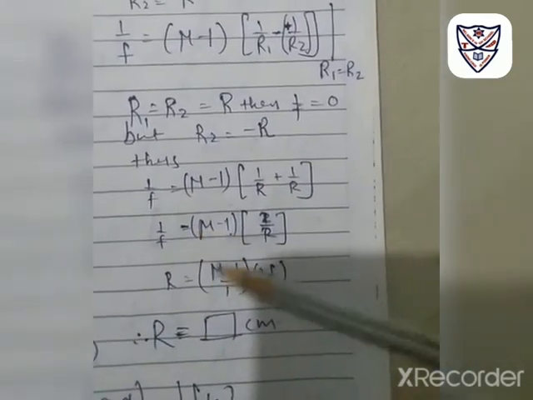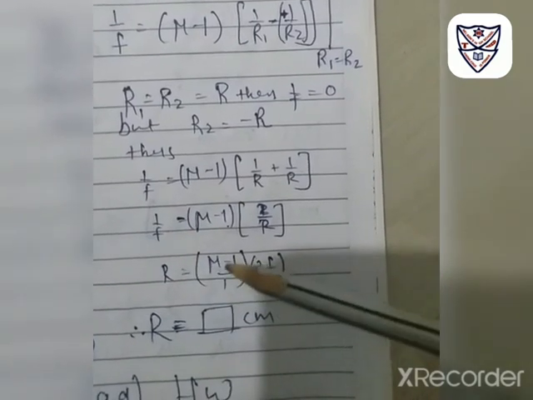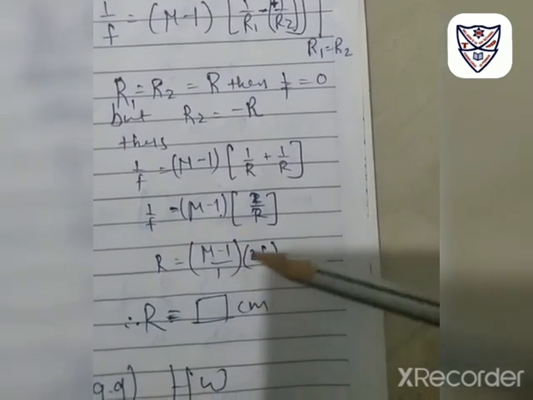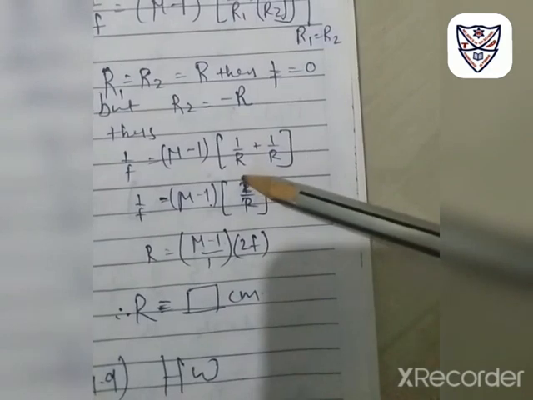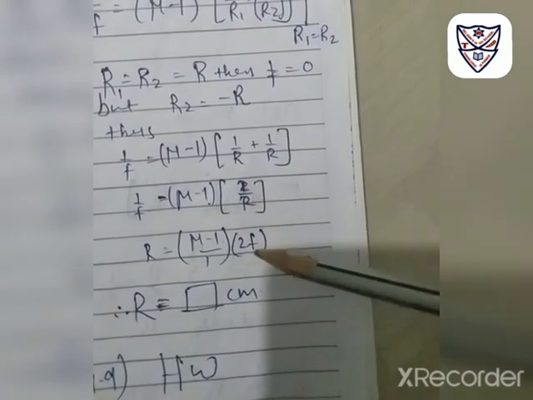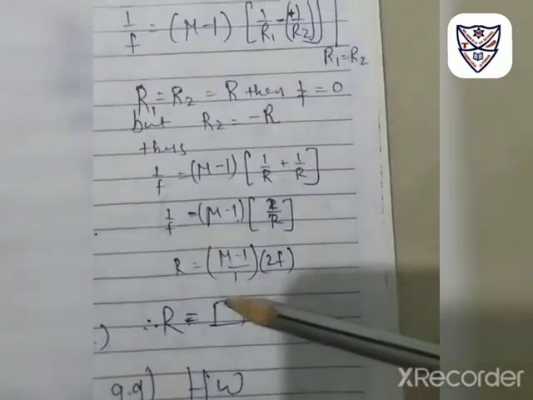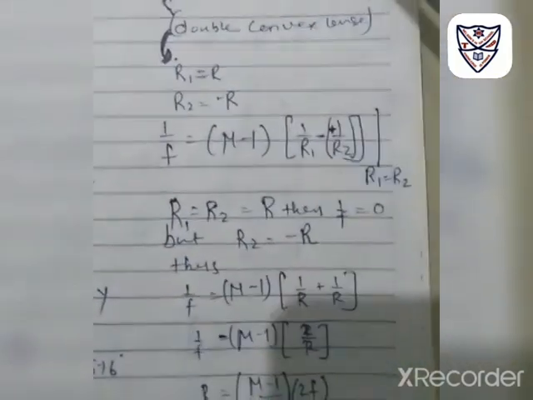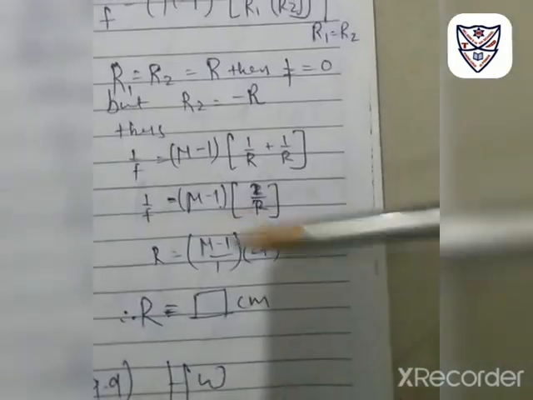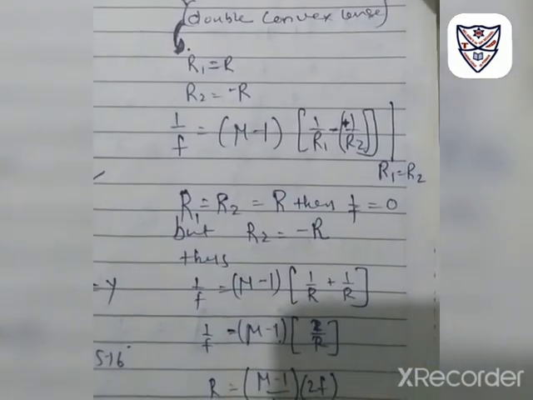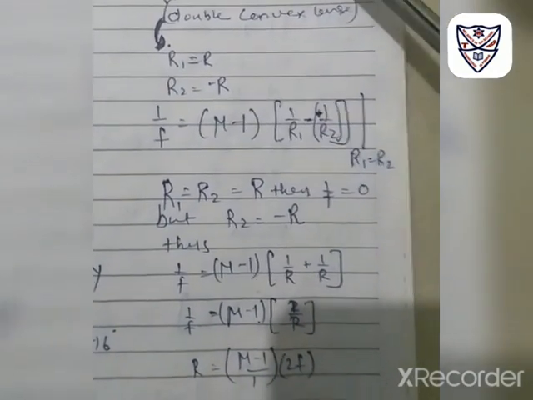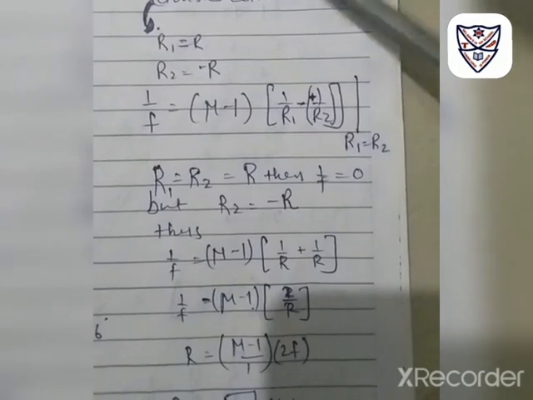So I can write 1 upon f is equal to (mu minus 1) times 2 upon R, because 2 upon R is equal to 2 upon f. So I can find my R using these values. I know the values of mu and f. Just subtract 1 from mu, so 0.55 will come, and 2f which is 40. So 40 into 0.55, do it and you get your value.